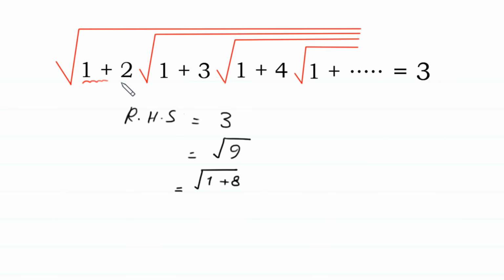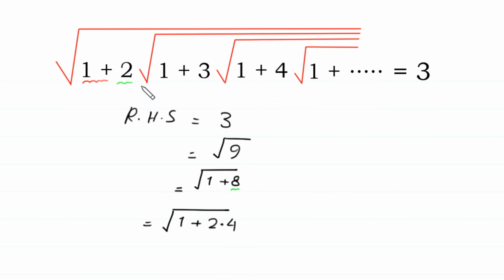And next to this plus we have 2. So we write this 8 as 2 times 4, which is equal to square root of 1 plus 2 times 4.